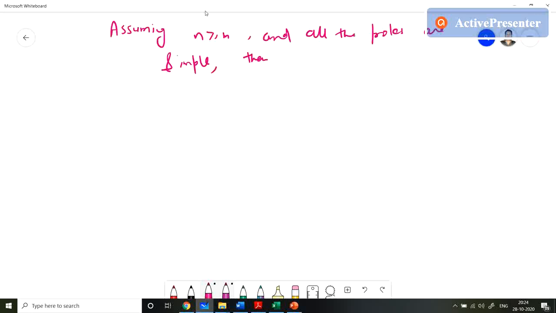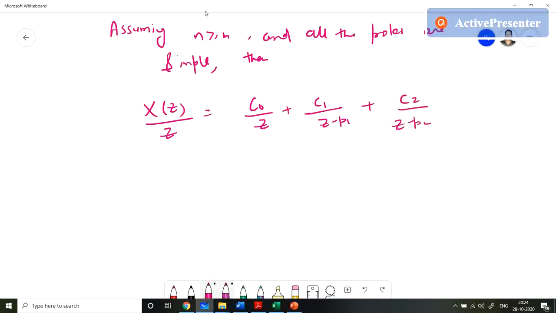Then this X(z) divided by z is written as c0 divided by z plus c1 divided by (z minus p1) plus c2 divided by (z minus p2) plus and so on, plus cn divided by (z minus pn).